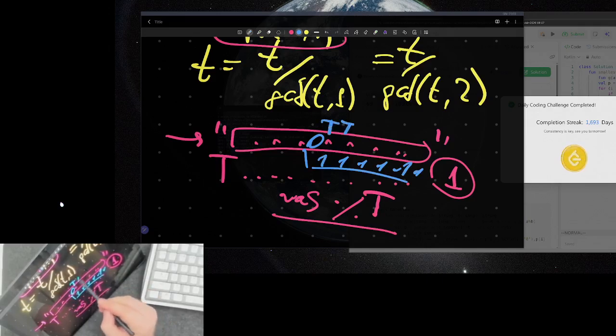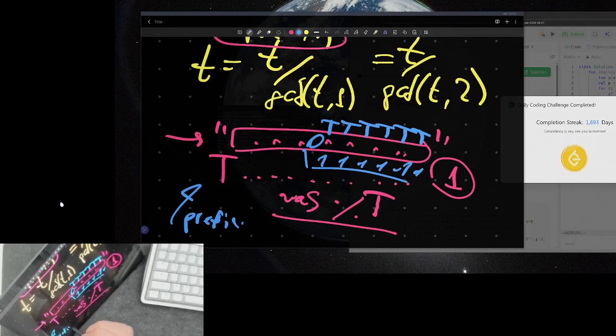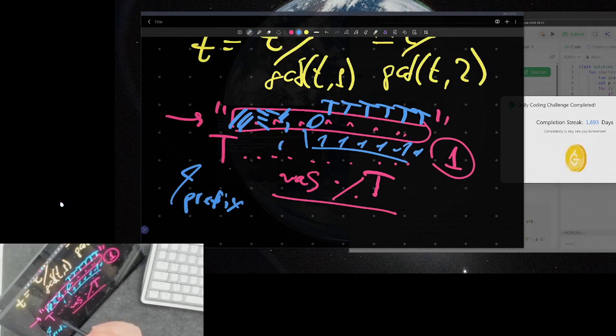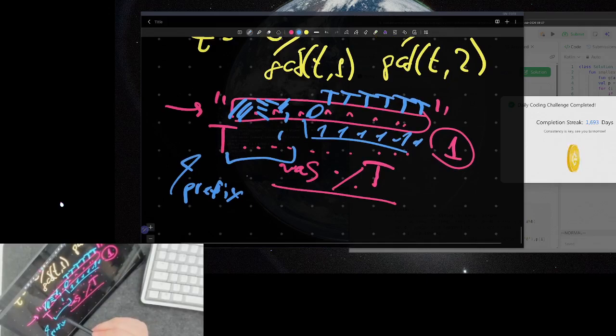We have to make t work for the main algorithm, because this is our prefix, like prefix divisors, I would say. Basically, each position is a prefix that divides t and makes some result.